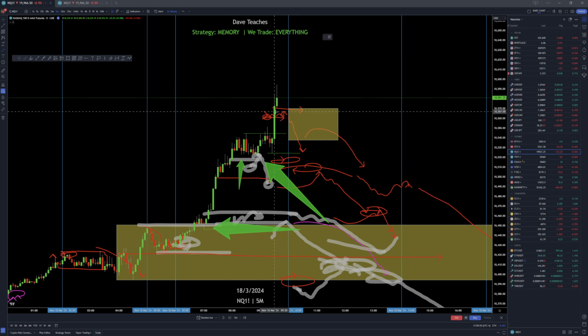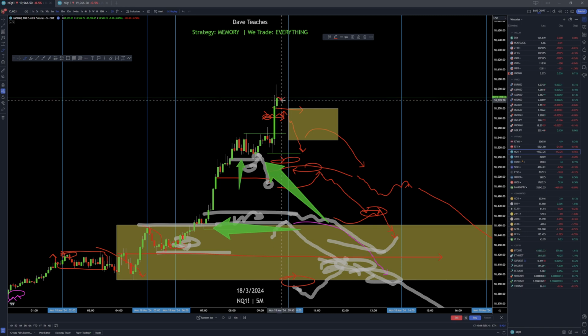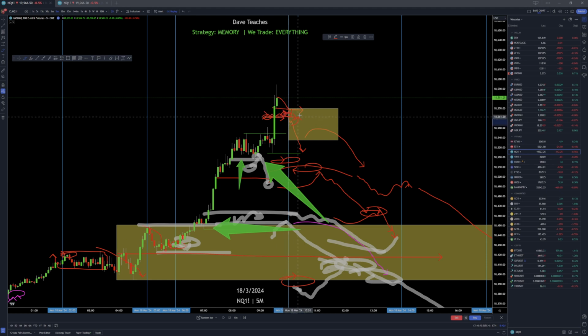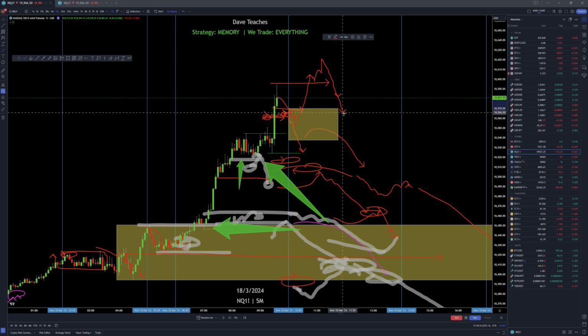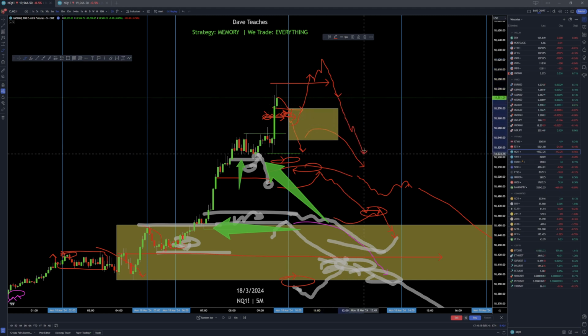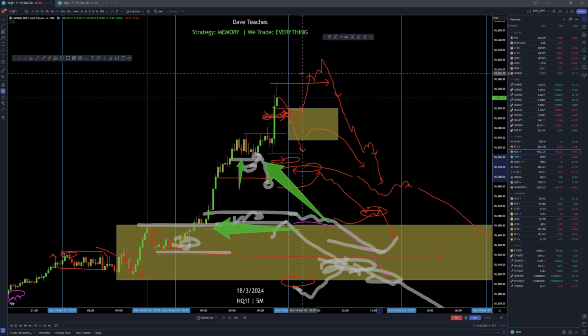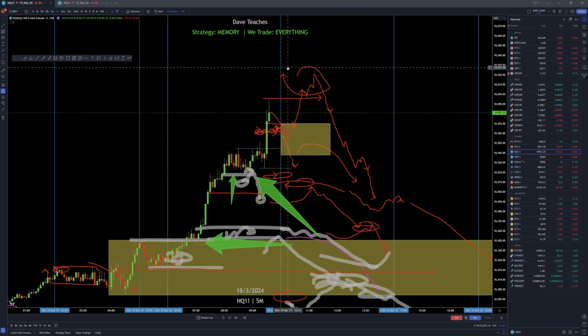Because we placed an imbalance here at 10:30, what I would think is that this first imbalance right here has the possibility of putting in a new high, and then that move going back below it is what will take us down.